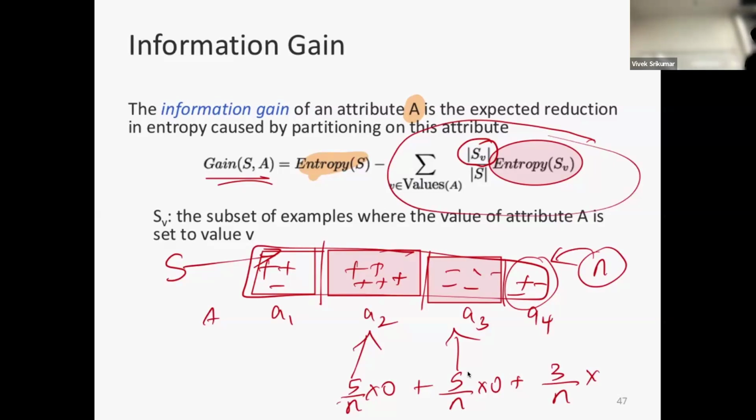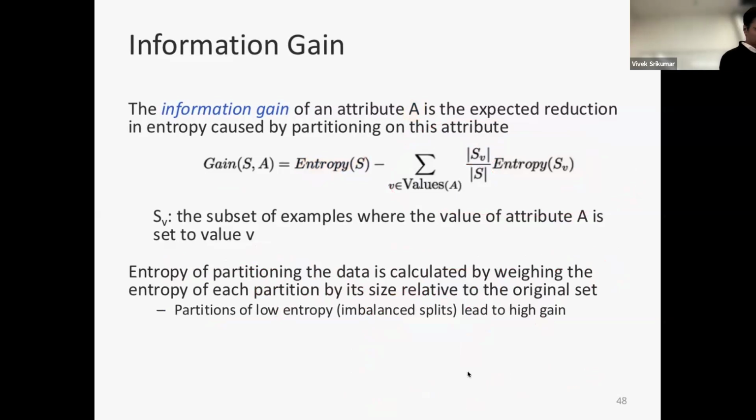I'll do that enough times that hopefully you get bored of it by then, at which point you probably get it. You assign a weight to each partition so that larger subsets play a bigger role. We'll see what this means.